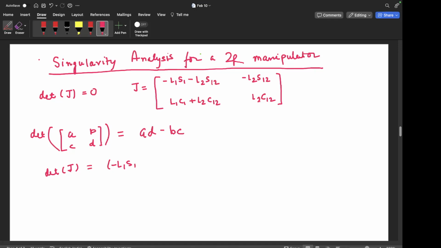L1 S1 minus L2 S12 into L2 C12, minus, so minus, and there is a minus here also, so it will become plus L2 S12 into L1 C1 plus L2 C12.